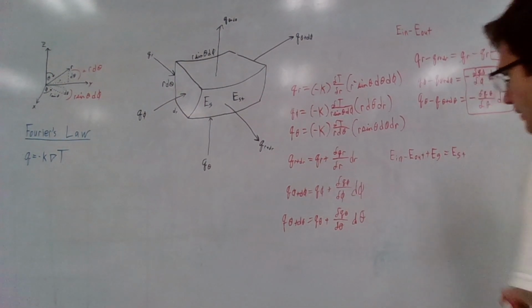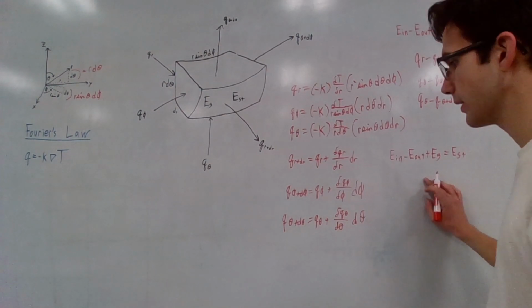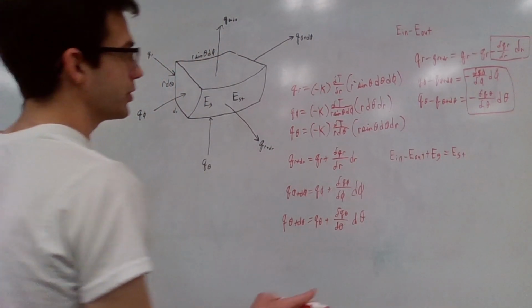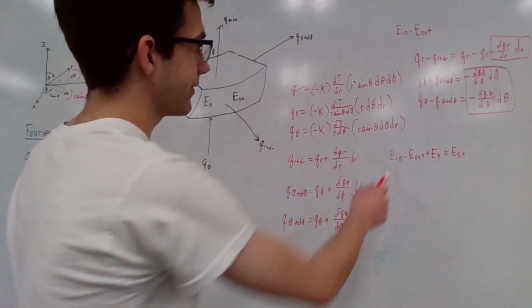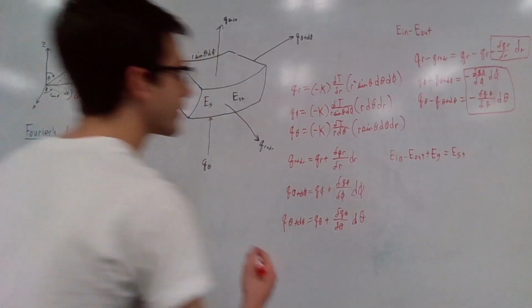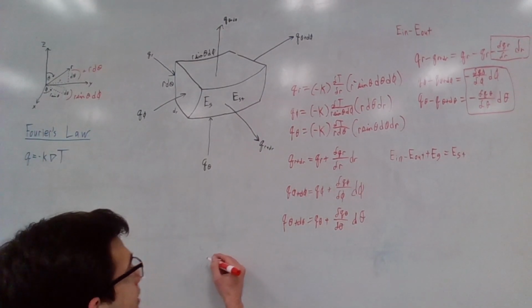All right. So using this, let's go ahead and plug all our relevant things in. So we just defined our energy in minus energy out as these up here. So let's go ahead and do that down here.